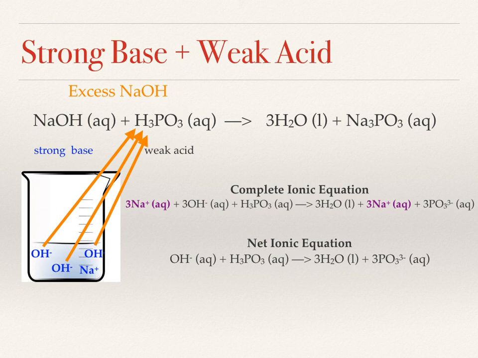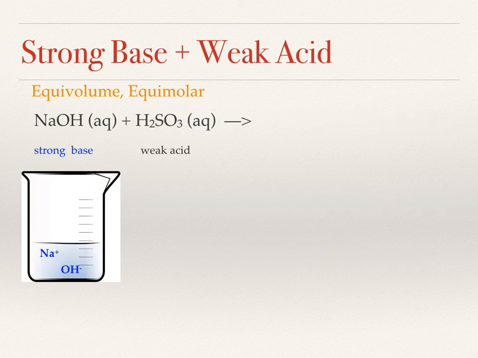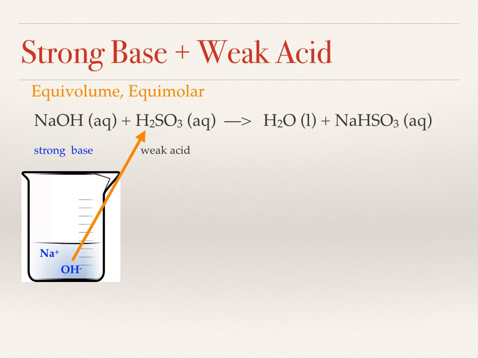So let's try another example, and feel free to pause this and try these on your own as we go through them. Here's another example of sodium hydroxide reacting with a weak acid, sulfurous acid. Again, if we have equal volume, equal moles, our hydroxide is going to react with one of our hydrogens. It's going to form water and our salt.